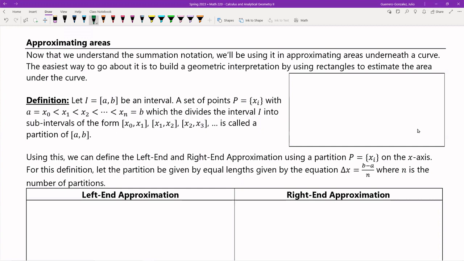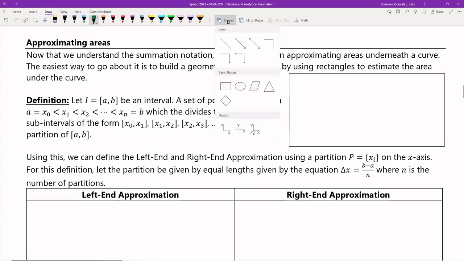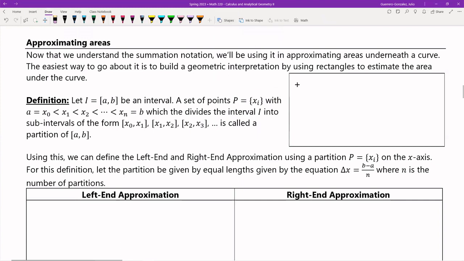I'm going to draw an interval here. Let me insert shapes. There we go. I'm going to start it at a and end it at b. Then I get to divvy this up.